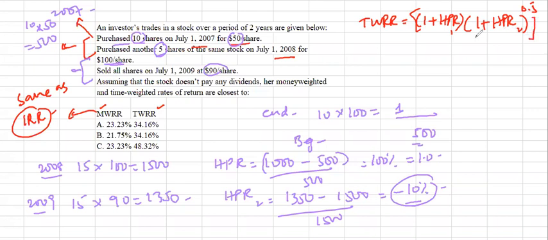Okay, so bracket close, and this is like we subtracted from 1.